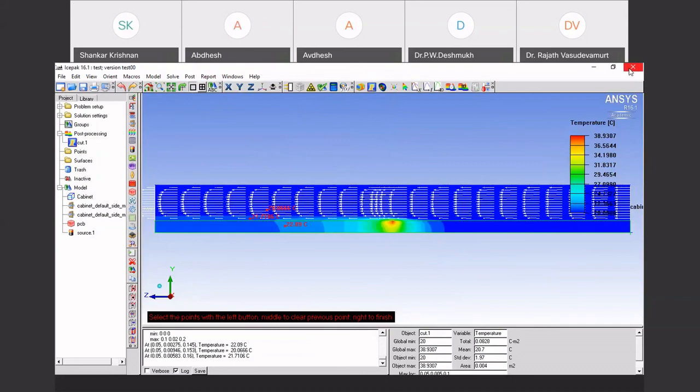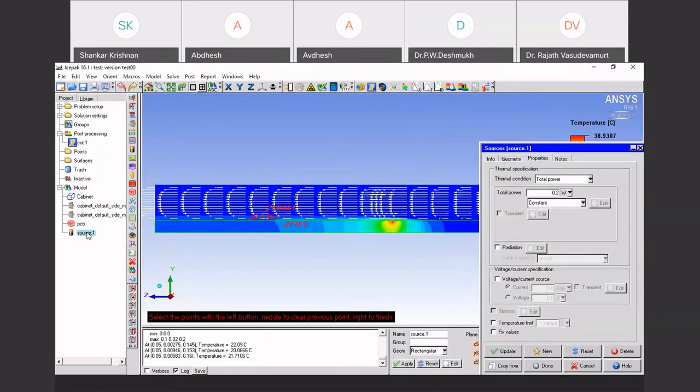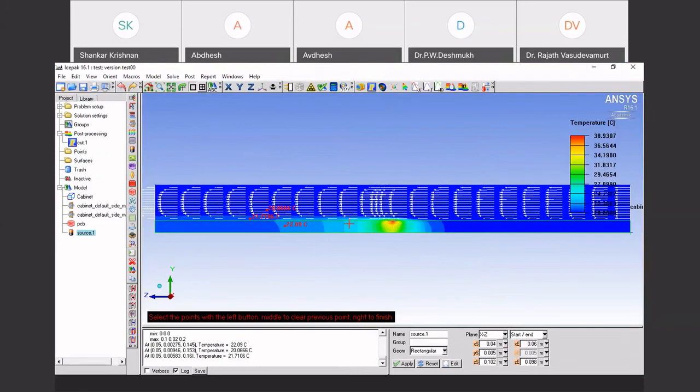Okay, and the adiabatic temperature that I talked about can be easily simulated here. Maybe I can do that as well. If I can replicate that heat source, anyway, I won't do it. The procedure is that you put another heat source first.